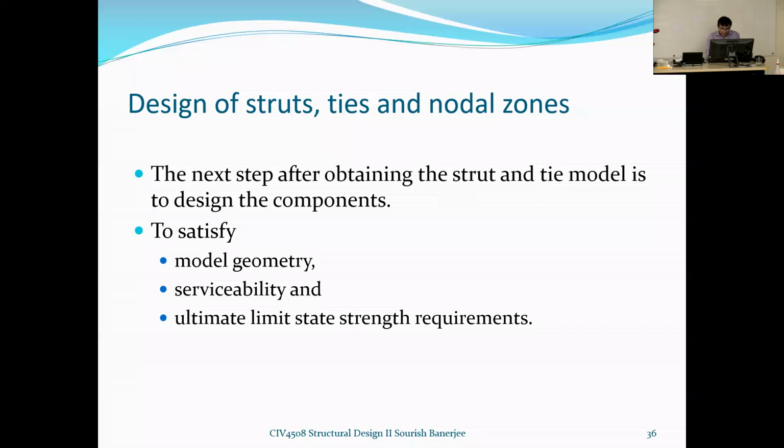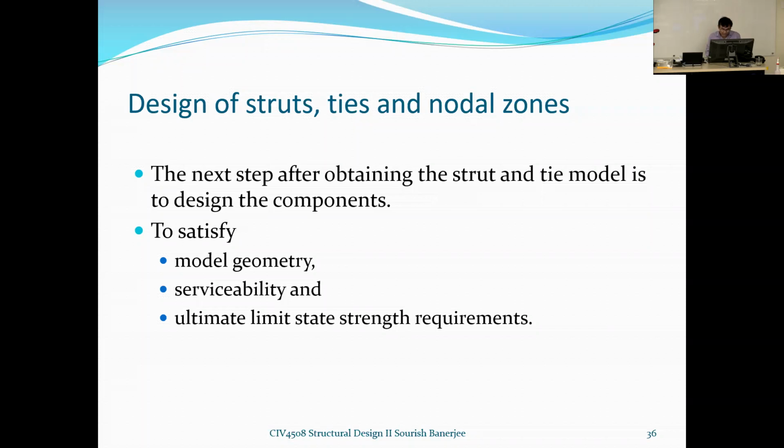Now, some of the general ones are: loads shall be applied at nodes. You can see this one, just like a truss. The struts and ties shall be subjected only to axial force, which is very clear because we are talking about truss analogy. And the model shall provide load paths to carry the loads and other actions to the supports or into adjacent regions. So you can see the model will provide the load paths.